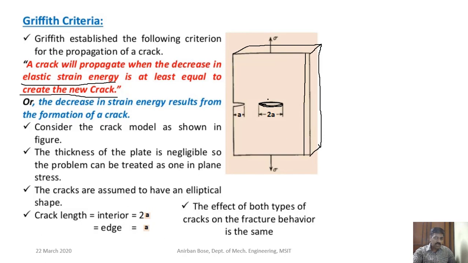But if there is a crack like this one, forget about this one for the time being. Around the crack, the flow lines will pass like this, or here you can see they will pass like this.